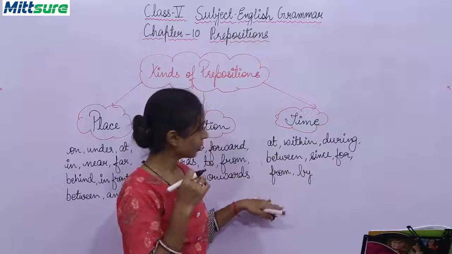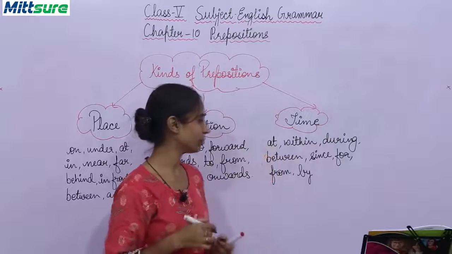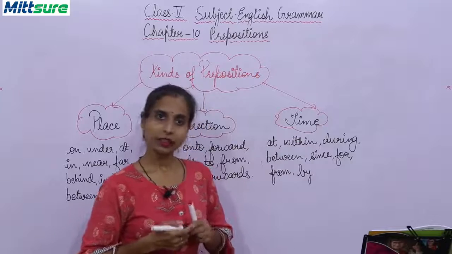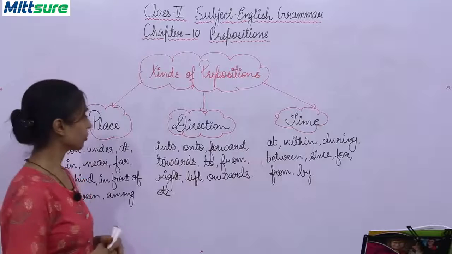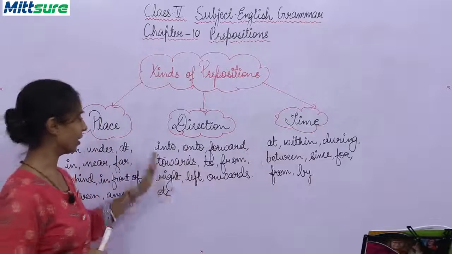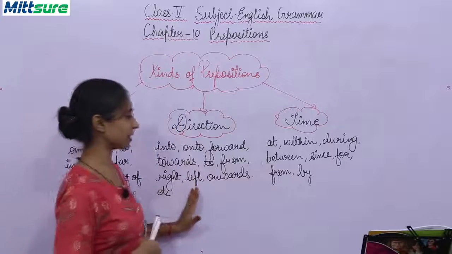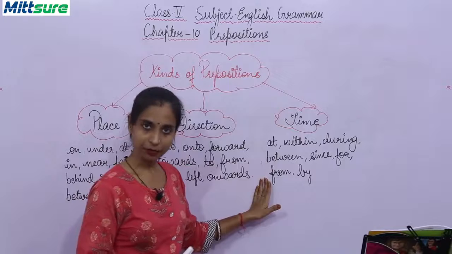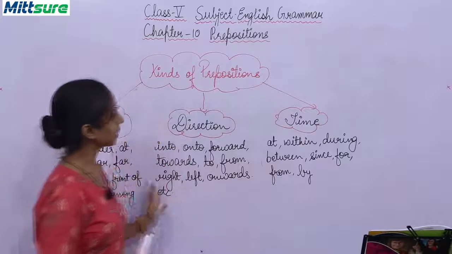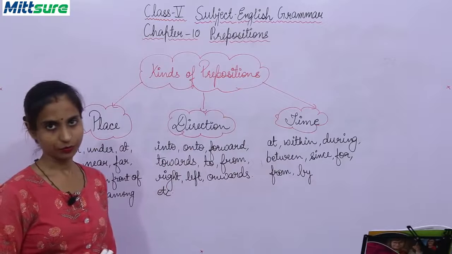All right. At, within, during, between, since, for, from, by. These are few prepositions. All right. Prepositions which tell the place, prepositions which tell the directions, and prepositions which tell the time. I hope kinds of prepositions are also clear to you.